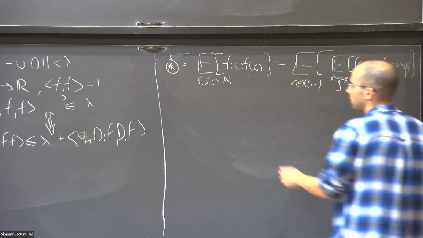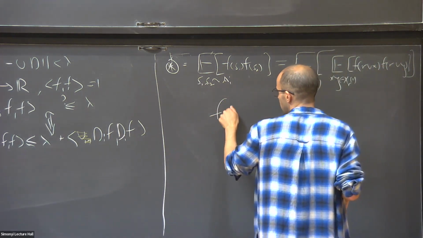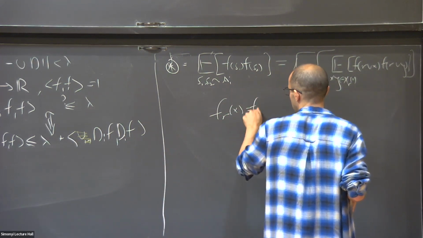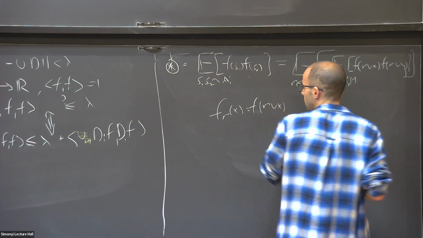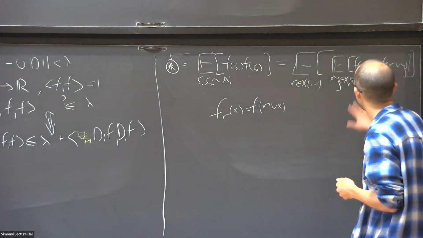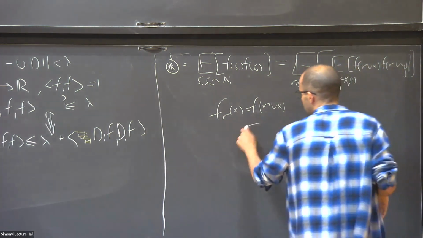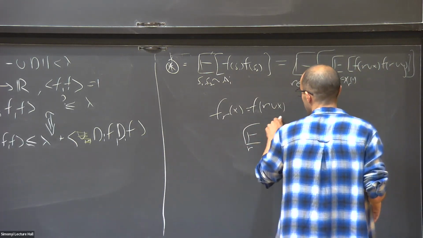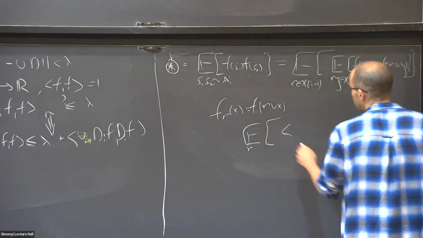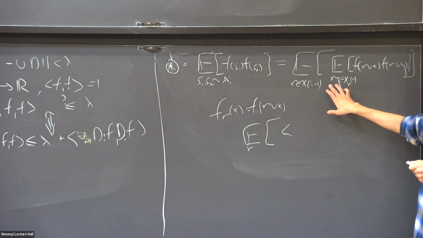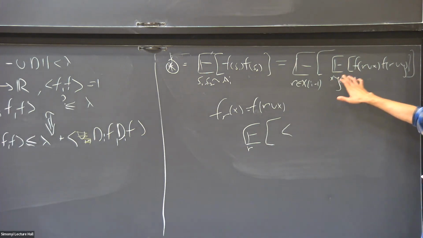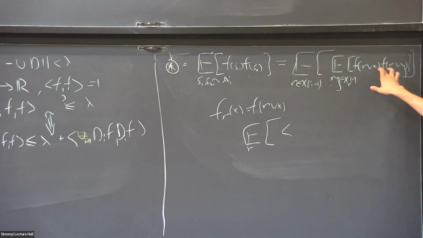Allow me to put some notation: f_R(X) is f(R union X). So what I really have here is the same expectation over R's, and inside I'm taking the expectation over the edges of f_R(X) times f_R(Y).